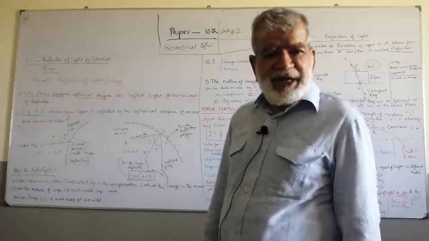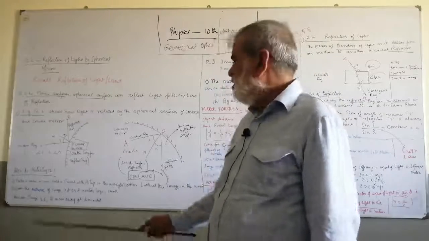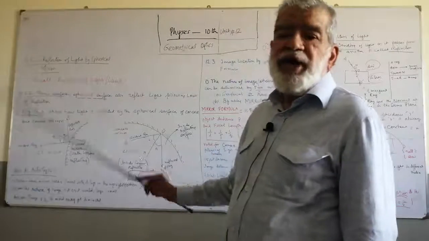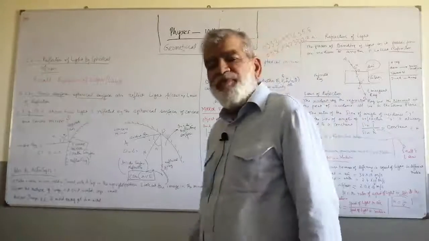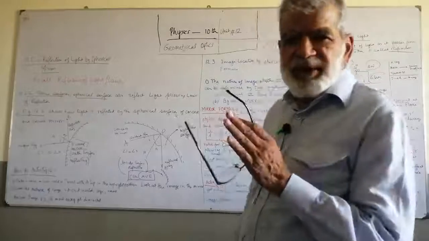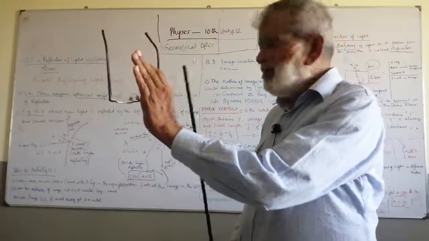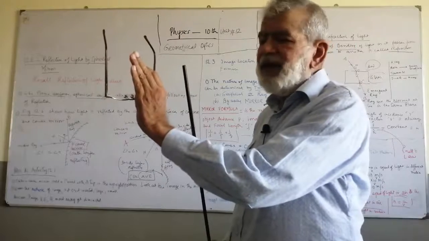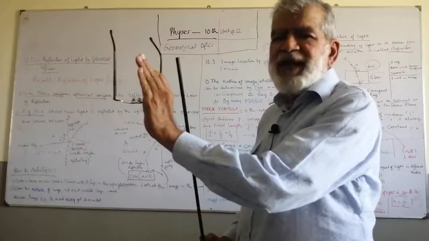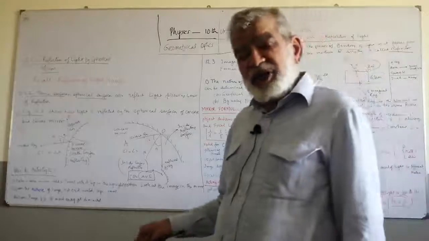Try to find the nature of this image, whether it is erect, inverted, real, or virtual, large or small. Move it along the principal axis and try to find out the image. Guess the nature of the image.